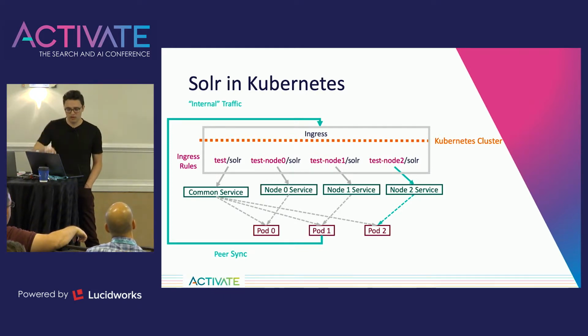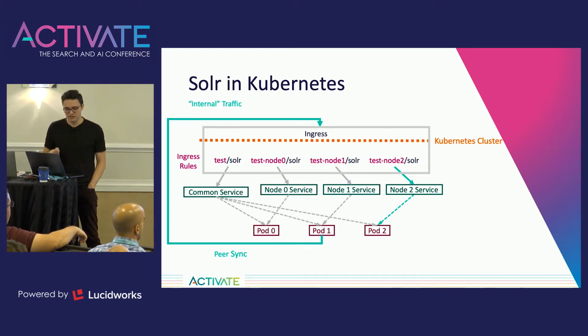And so pod 1 will know to go outside back to the ingress, which routes through that ingress rule down to pod 2. And so at this point, we're able to do internal and external communication for Solr clouds and run one Solr cloud across multiple Kubernetes clusters, which is awesome.